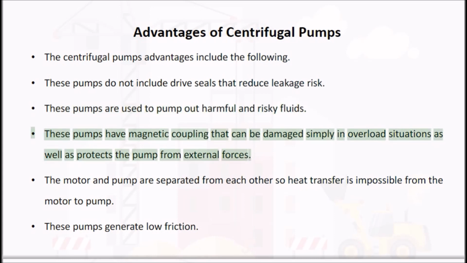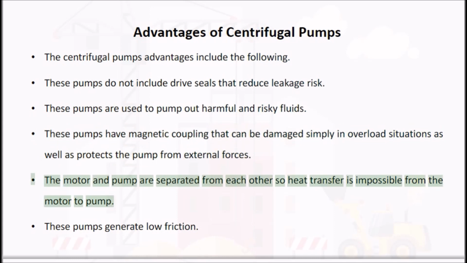These pumps have a magnetic coupling that can be disengaged simply in overload situations, as well as protecting the pump from external forces. The motor and pump are separated from each other, so heat transfer is impossible from the motor to the pump. These pumps generate low friction.